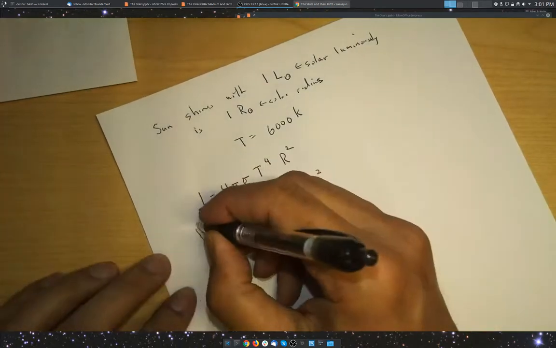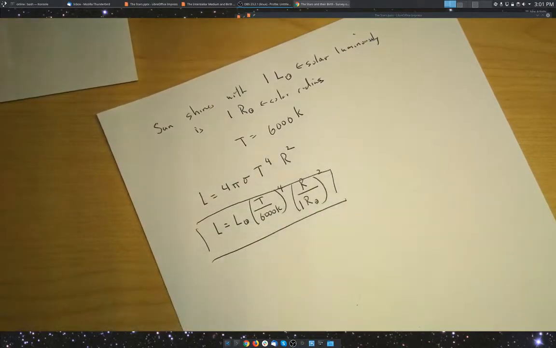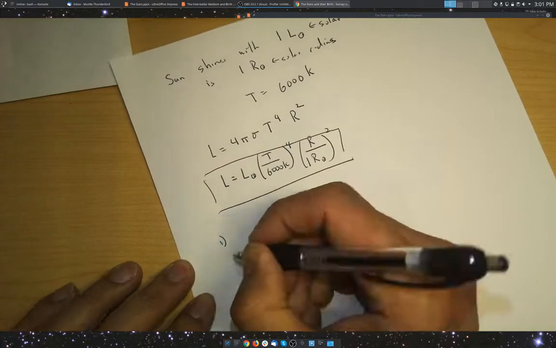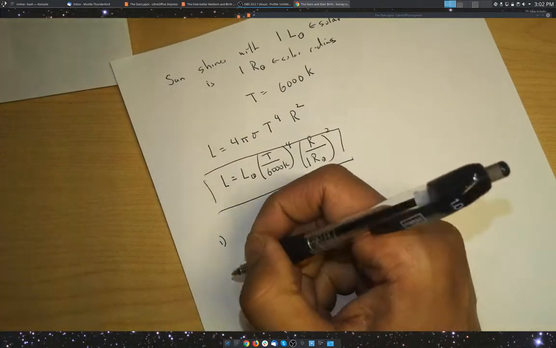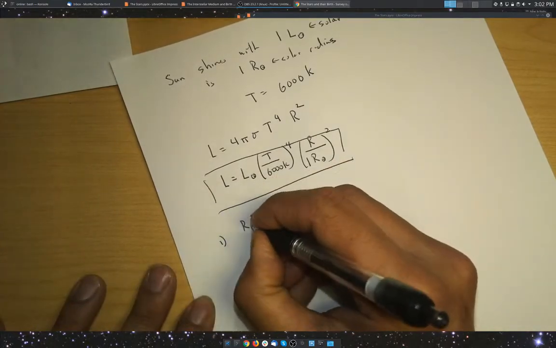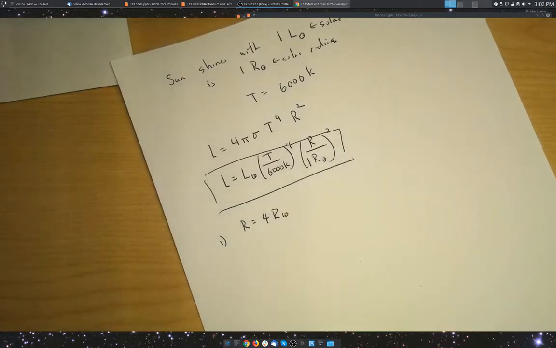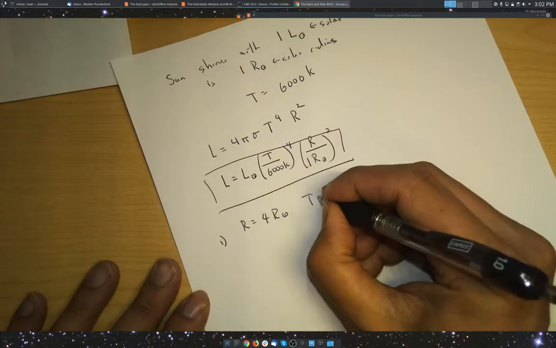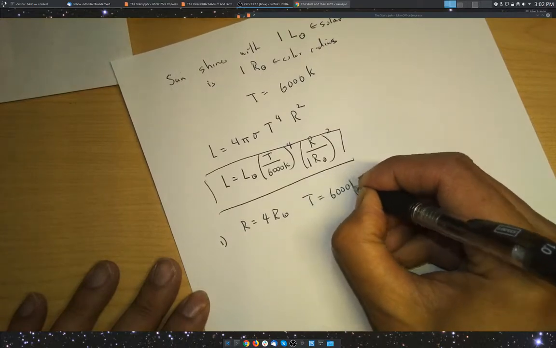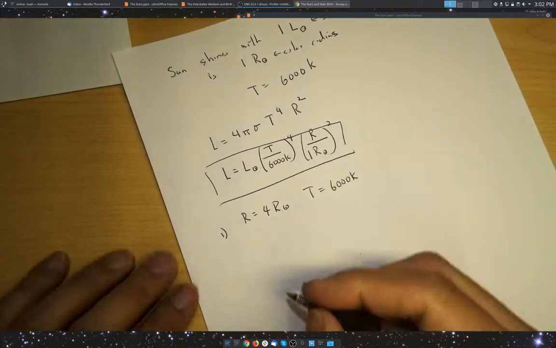This is the formula we shall use for everything below. So the first question: how bright is a star that's 4 times larger? R is equal to 4 solar radii, but the same temperature, 6,000 degrees Kelvin. So that's number one.